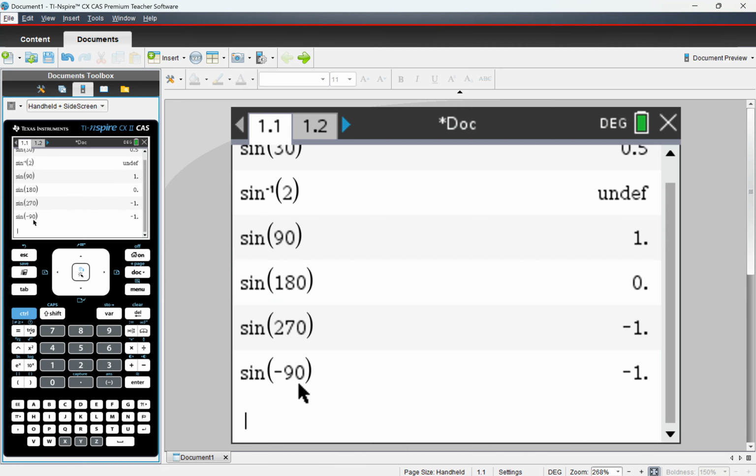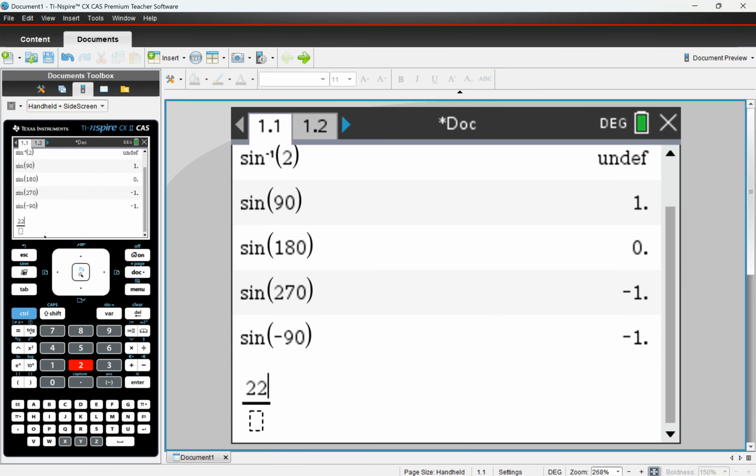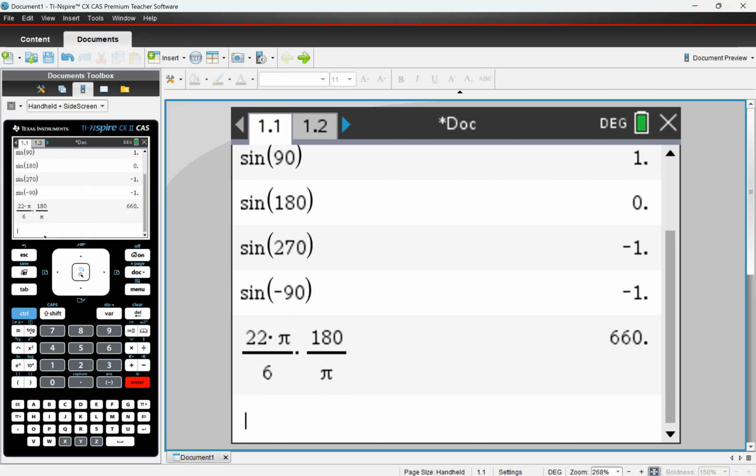Using your formula that you learnt just now, you would have done 22 pi on 6 times 180 on pi. See, if I asked you before where 660 degrees is, some of you might be able to work it out. But the larger the number, the harder it is. If I went to 99 pi on 6, I've asked you where that is. See, it's harder when you're working in degrees, but radians is better.